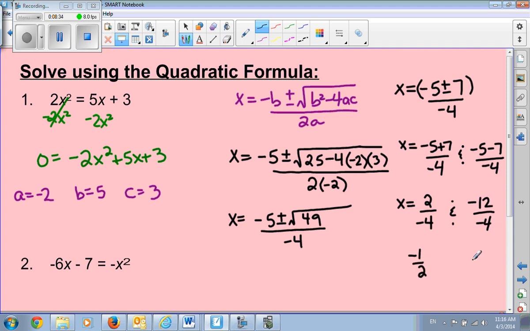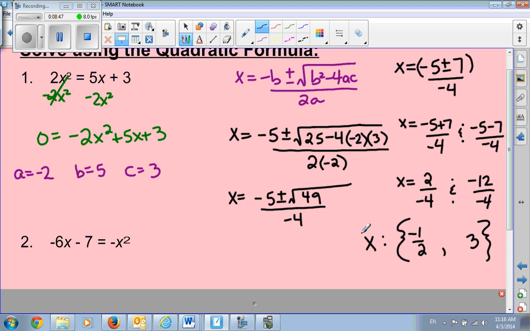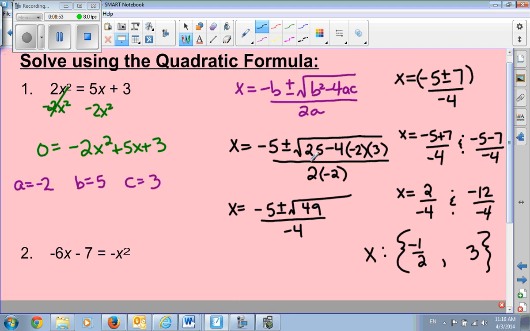And negative 12 divided by negative 4 is 3. So these are your two solutions. It's a lot of steps, but it's really not that hard. It looks like a lot of numbers, but most of it's calculator work, right?